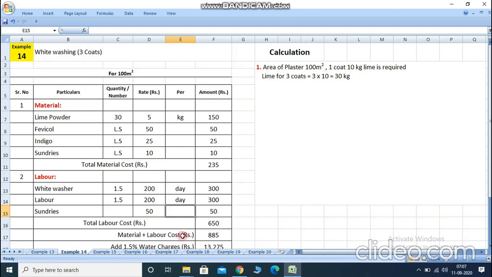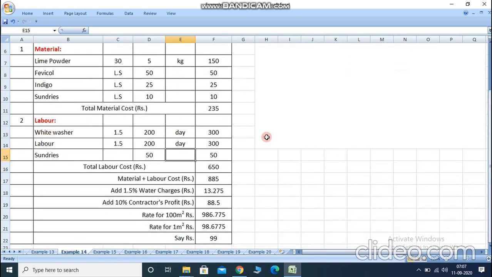Now the summation of the material cost and labor cost: 235 is the material and 650 is the labor. So total 885 rupees is the material plus labor cost, and we add 1.5% water charges. So 885 multiplied by 1.5% gives the answer 13.27, and we include the 10% contractor profit.